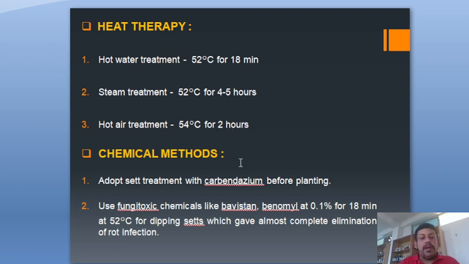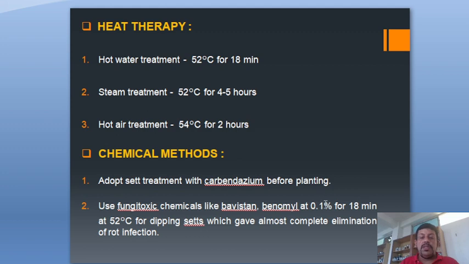Some chemical methods are also very important, where we see carbendazim. Before planting, we can spread some carbendazim in a minimum concentration. Use fungitoxic chemicals like Bavistin. Bavistin is a very well used fungicide in many crops against the attack of various pathogens.